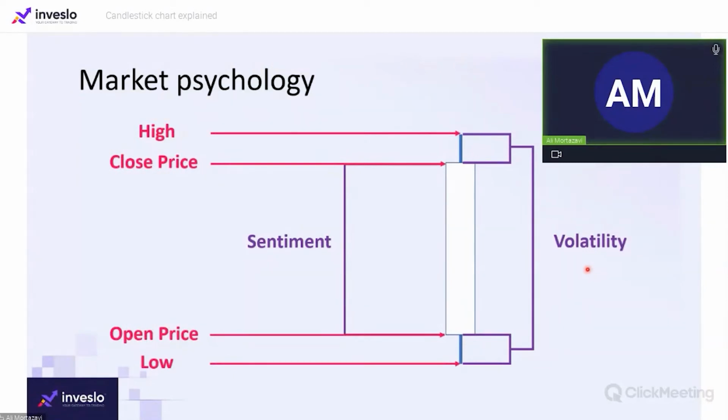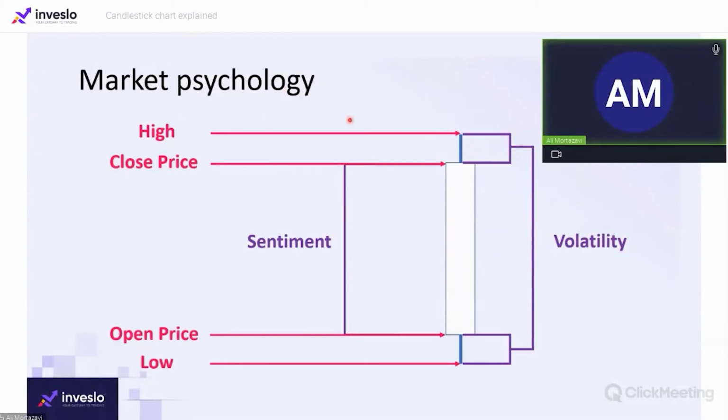This means when we see a lot of volatility in the market, we can expect a change in the near future, or when we see a strong sentiment in the market, we can be hopeful to see the continuation of the sentiment in the near future.